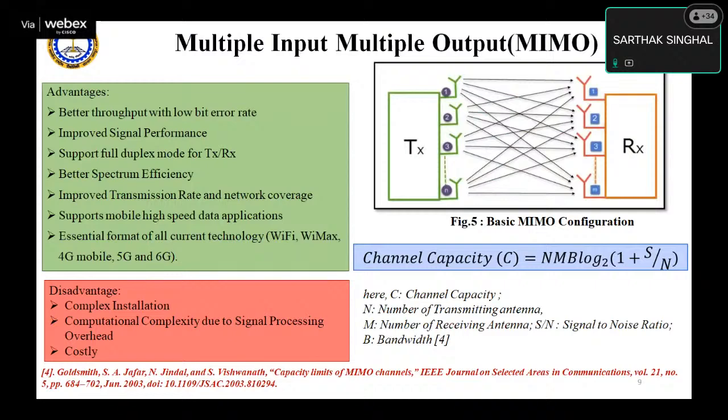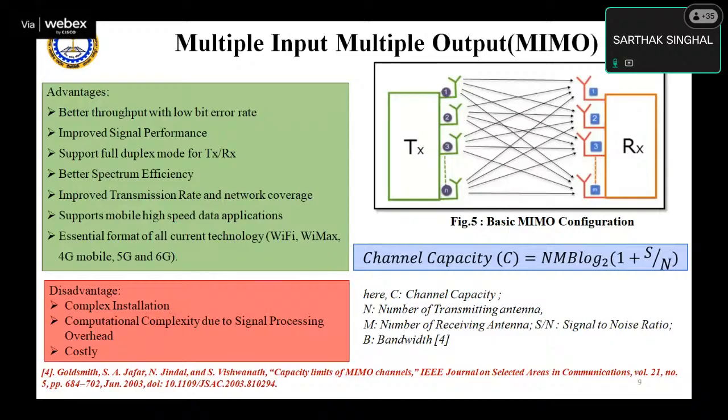That is, the total number of signals will be equal to the number of transmitters into the number of receivers. So the overall channel capacity comes out to be n into m into B, where B is your bandwidth of the single channel, and into log base 2 of 1 plus S by N, that is your SNR, signal to noise ratio.